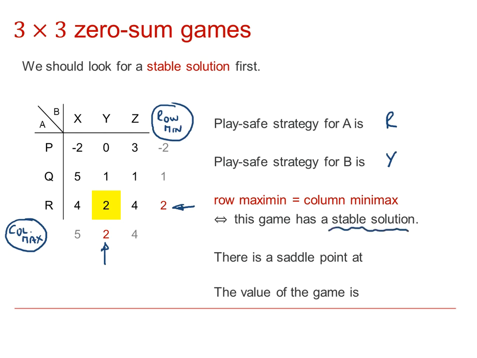We say we have a saddle point or a stable solution at RY, and the value of the game is 2. This is from A's viewpoint. Now, because this is stable, there's no value in either of the players changing from the strategies R and Y. There would be no advantage to them at all in doing that.